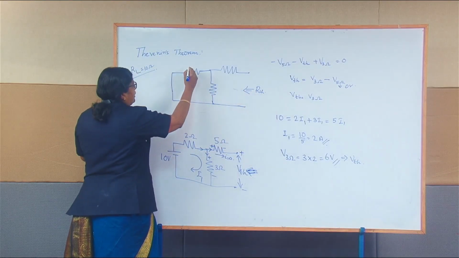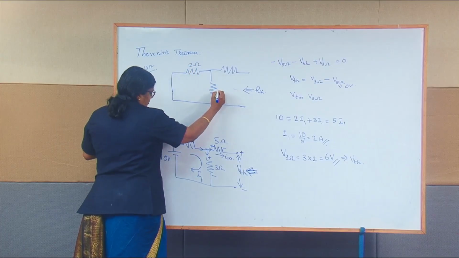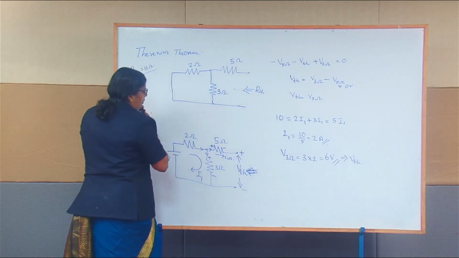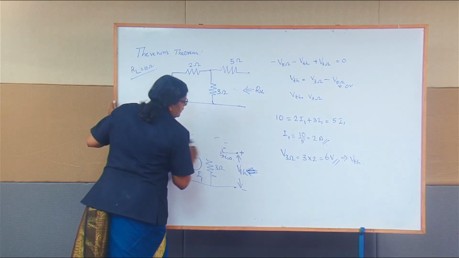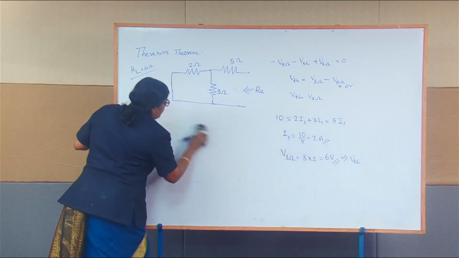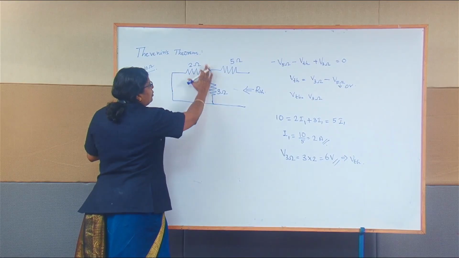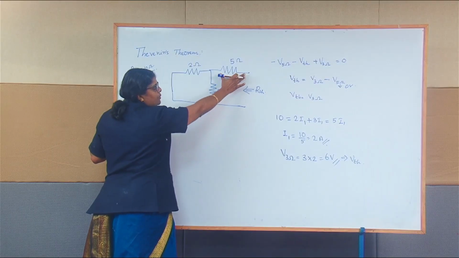Here it is 2 ohm, 3 ohm, and 5 ohm. Now we have to reduce this network and find the R Thevenin value. If you see here, 2 and 3 are connected in parallel, and this whole combination is connected in series with your 5 ohm.